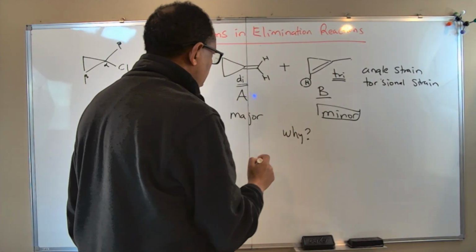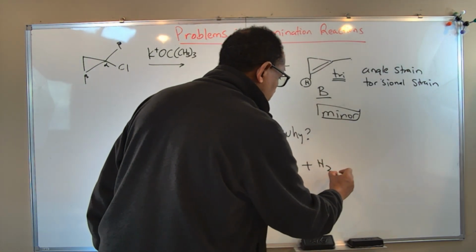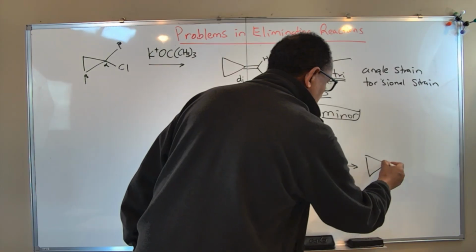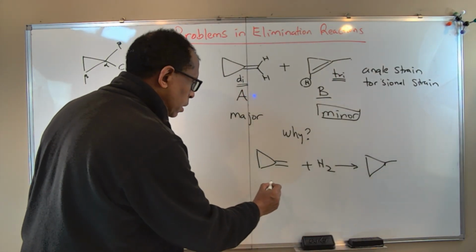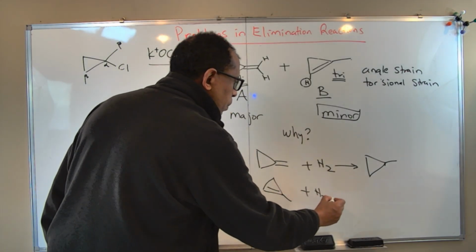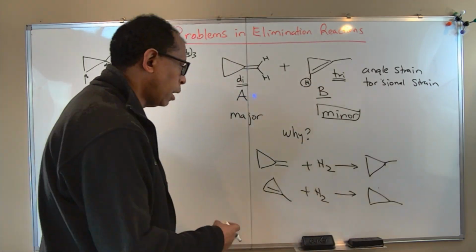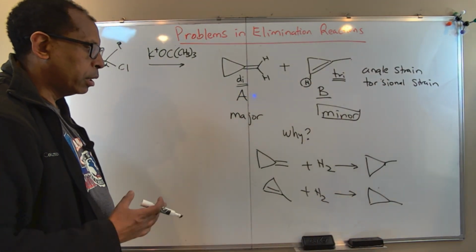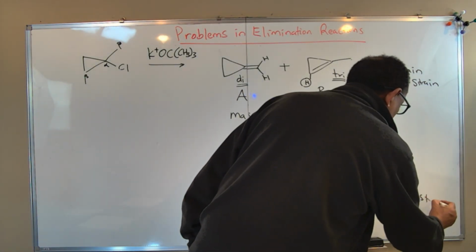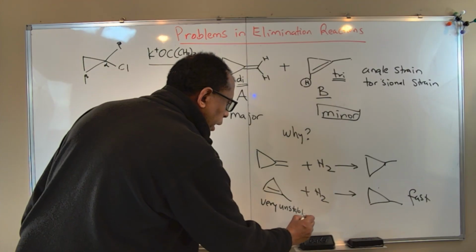So if you take this and hydrogenate it to create this, versus this hydrogenation to create this same product, the reaction in the lower portion is very fast because this is very unstable compared to the top one.